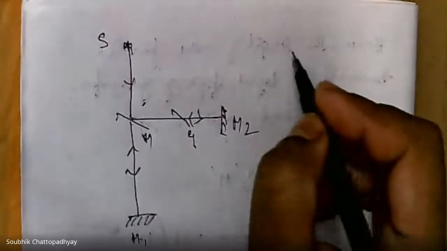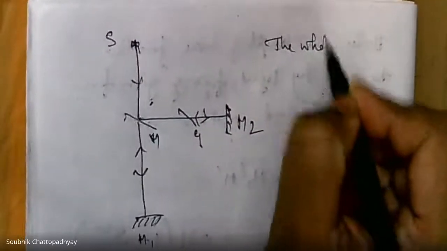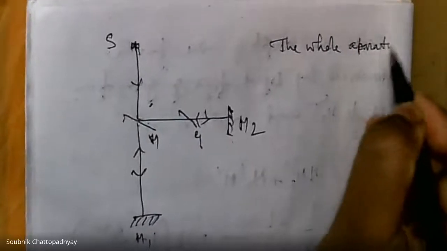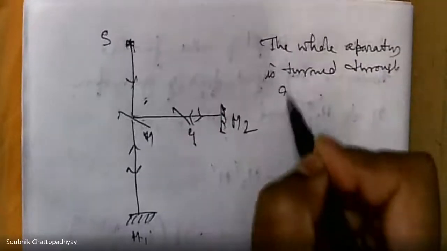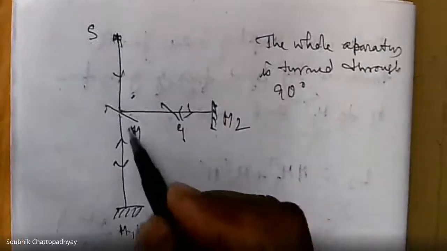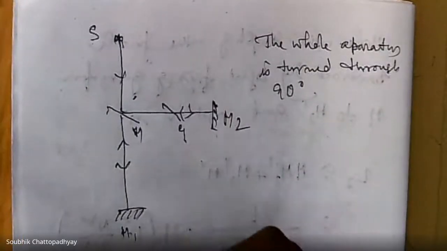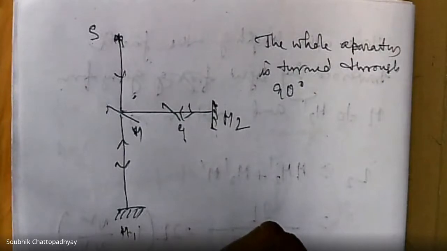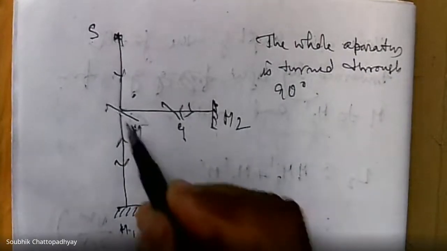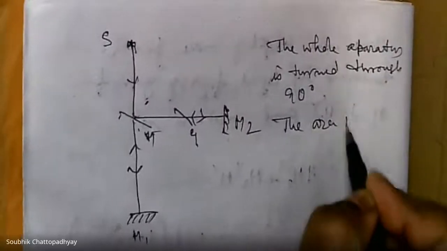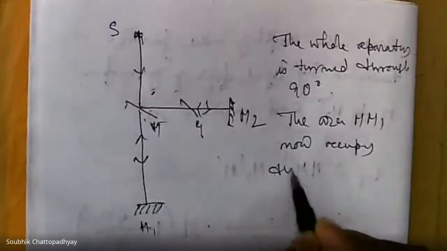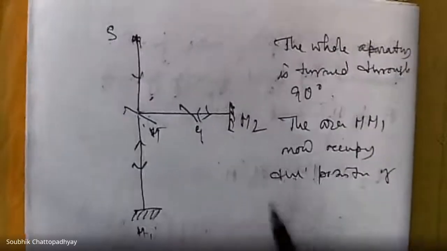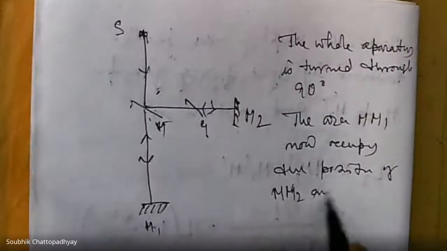The whole apparatus is turned by 90 degrees. So the arm CM1 of the interferometer occupies the position of CM2, while the arm MM1 now occupies the position of MM2 and vice versa.